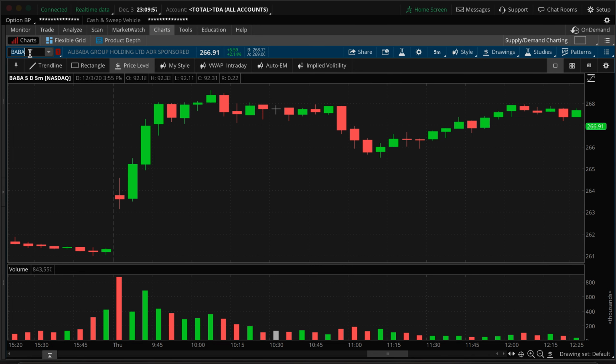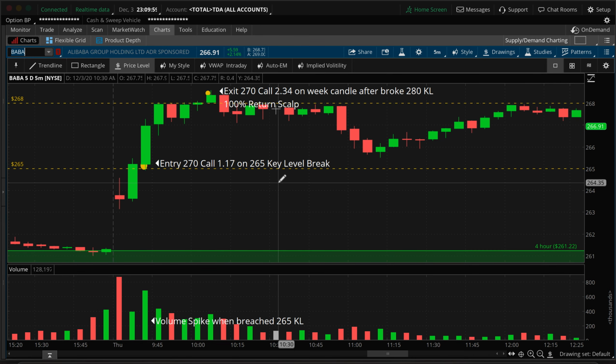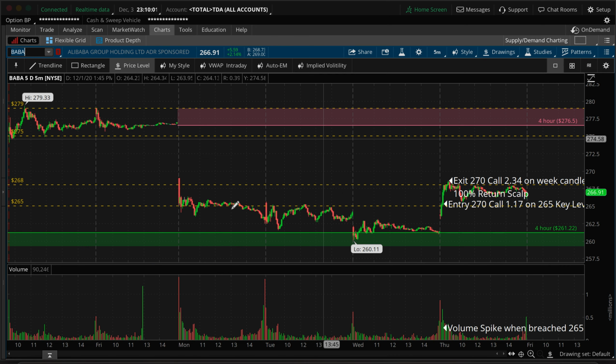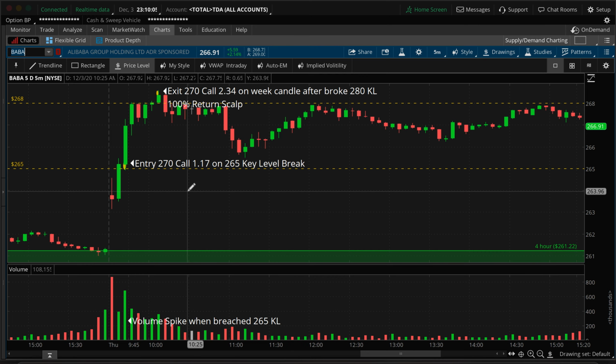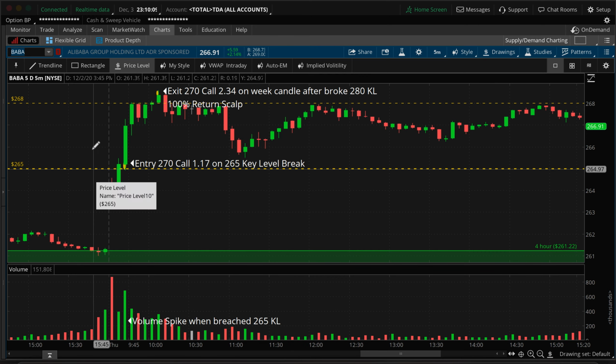I did have one personally myself today on BABA using the key levels area. So 265 and 268 are two key levels for BABA.